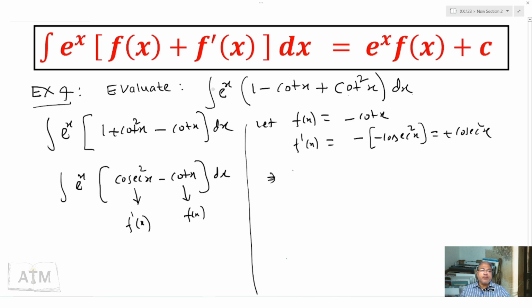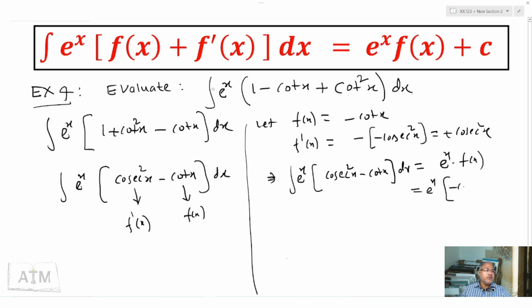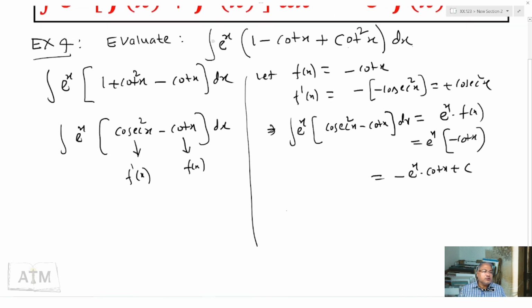This implies integration of e raised to x into cosec square x minus cot x with respect to x is nothing but e raised to x into f of x. What is the f of x? Minus cot x. So this is equal to minus e raised to x cot x plus c, which is the required solution.